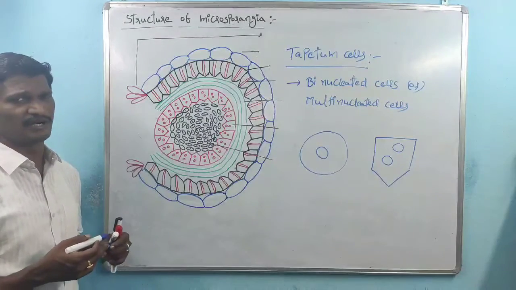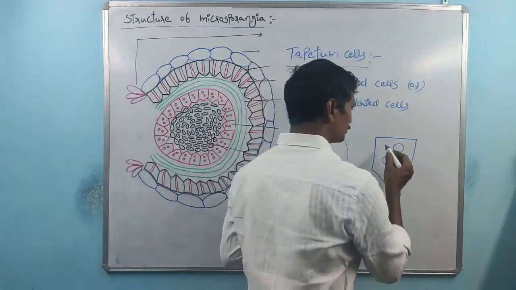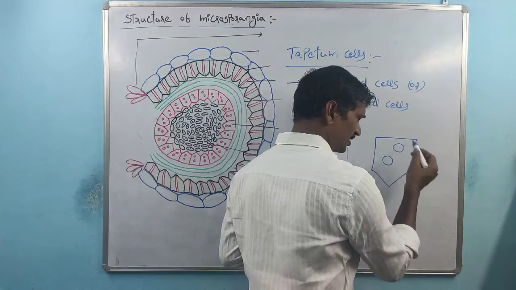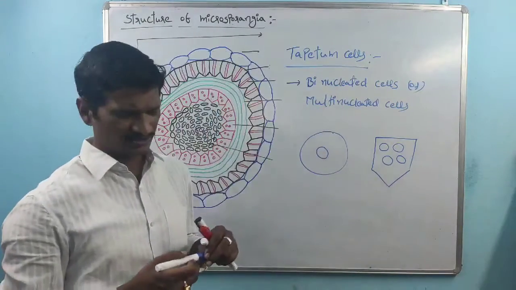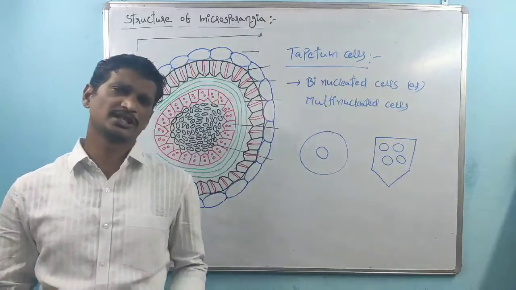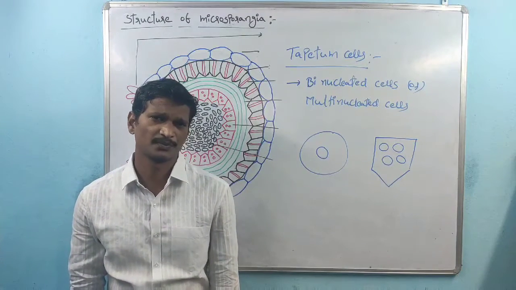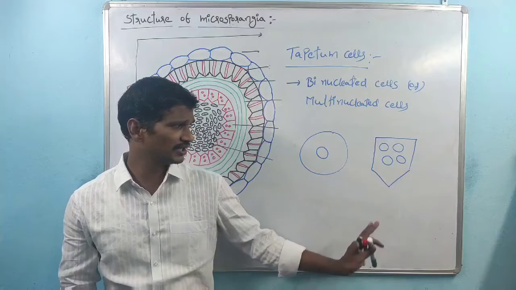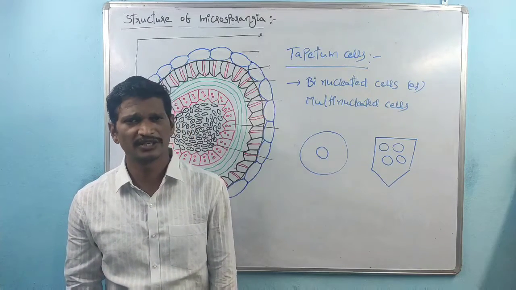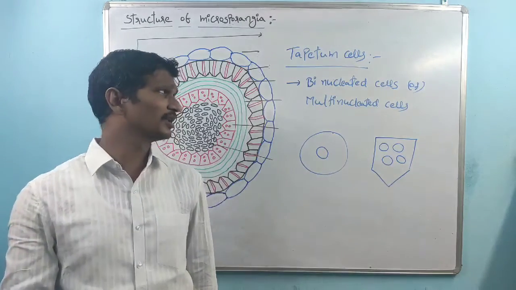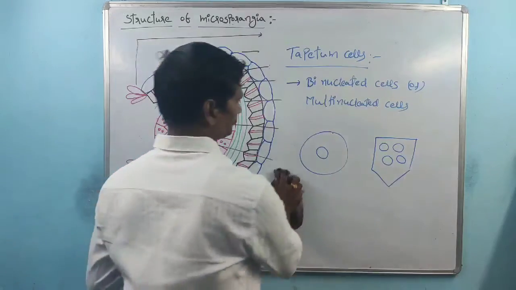In some cases they are multinucleated, maybe 3 or more nuclei present. So tapetum cells are very special tissues, with a binucleated or multinucleated condition. That is the first point regarding the tapetum cells.